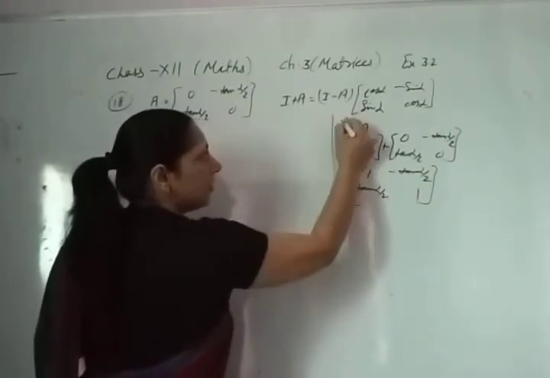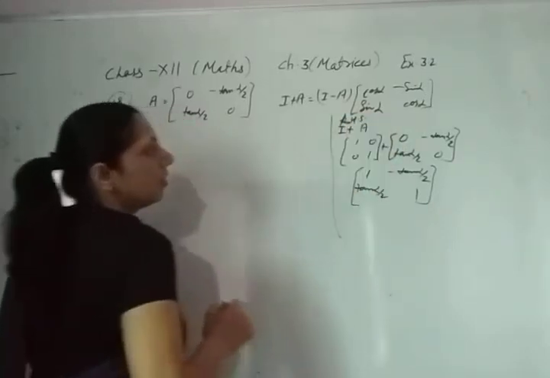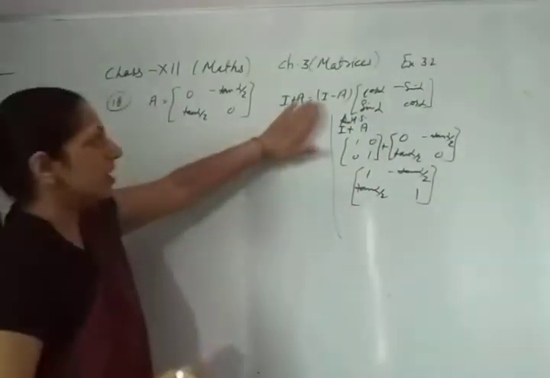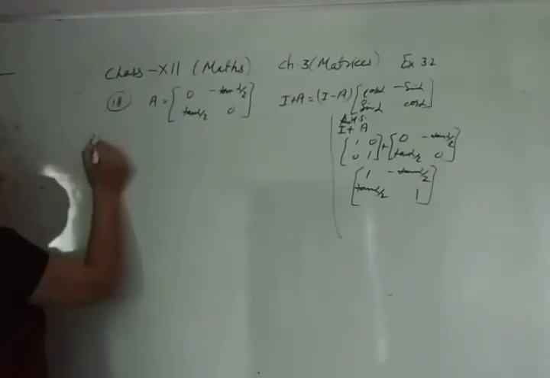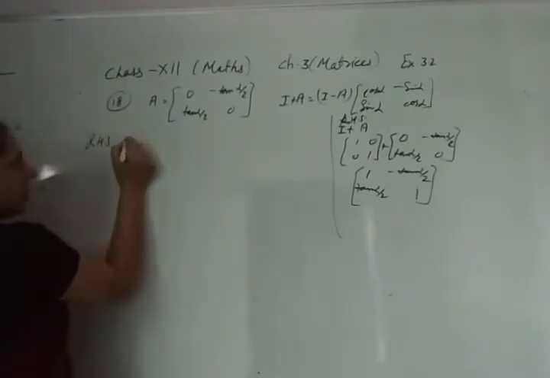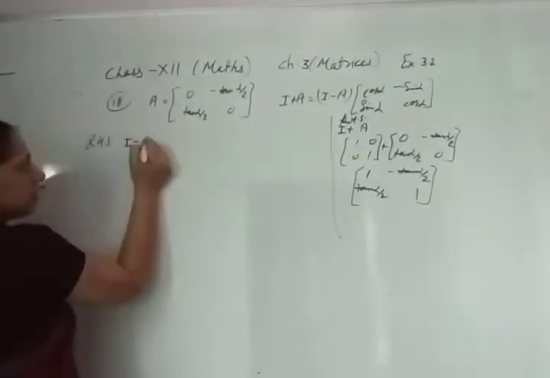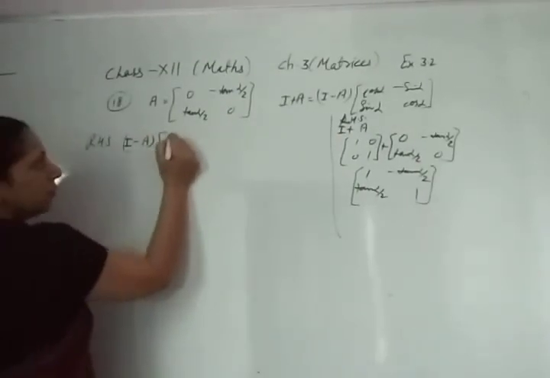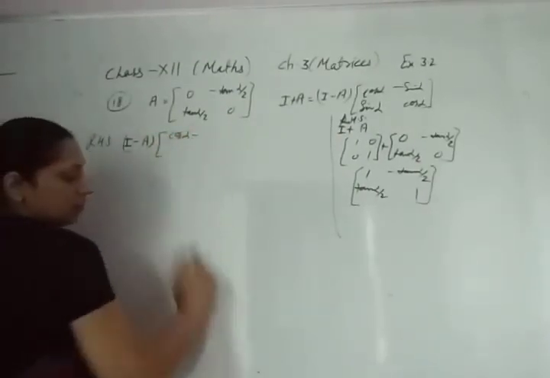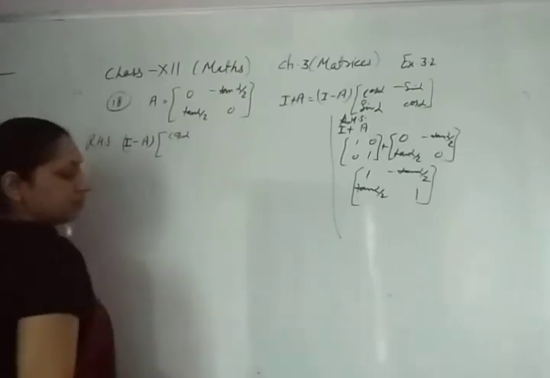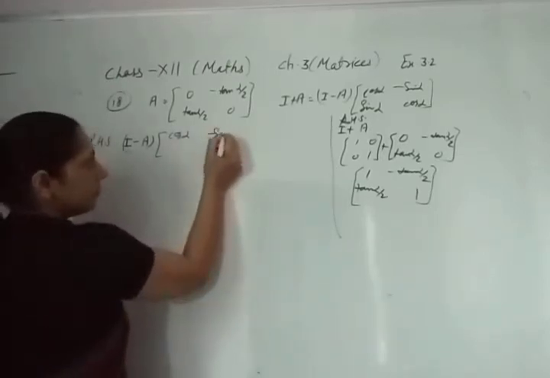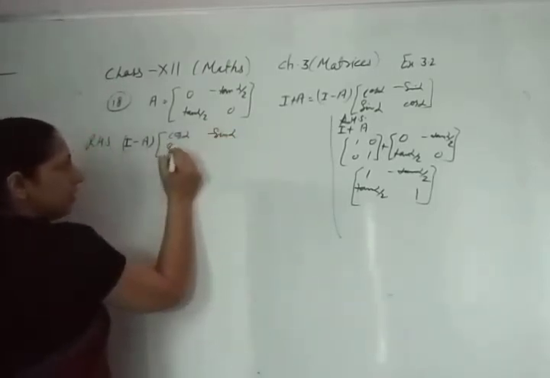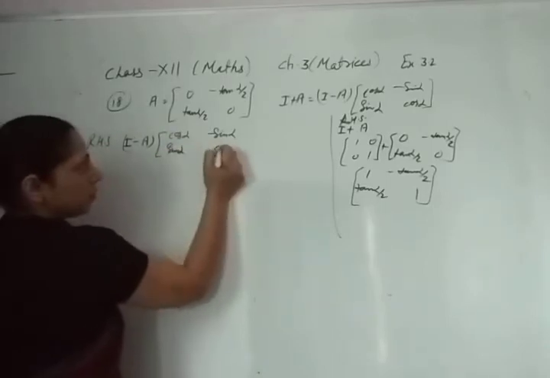So this is our left hand side. Now taking the right hand side. Right hand side is I minus A into cos alpha minus sin alpha, sin alpha, cos alpha.